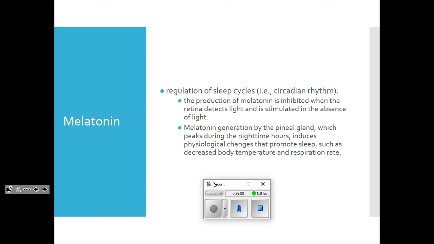So sometimes people might make use of melatonin to help correct their sleep, especially if they've traveled somewhere where the time zone is different. So maybe some of you have experienced jet lag before, where you travel on a plane and now when you left it was nighttime, when you get there it's the morning, and everything's all messed up and your sleep pattern is messed up and it's hard to get back on track.